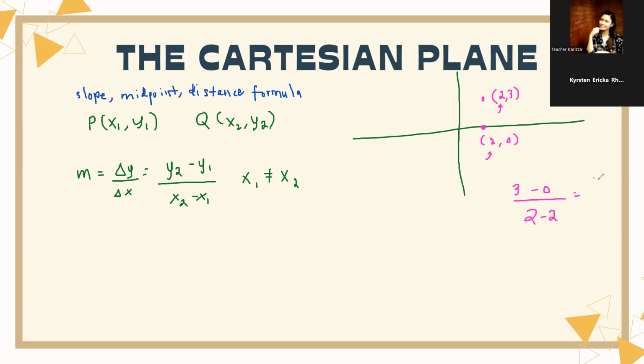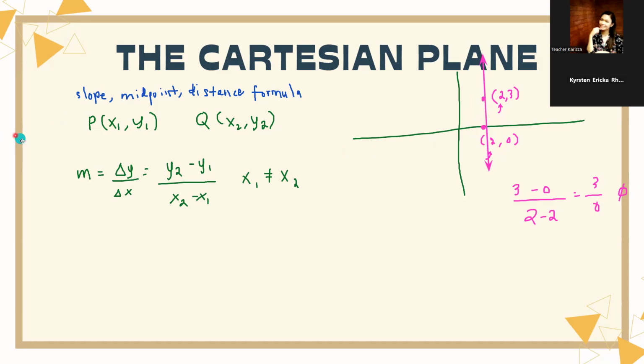Of course, this will be 3 over 0, which is not possible. You will have a line that goes like this. So it's a completely vertical line. In other words, if both of your x's in your coordinate pairs are the same, it is a completely vertical line.